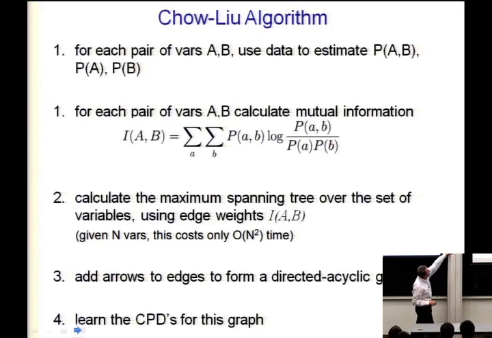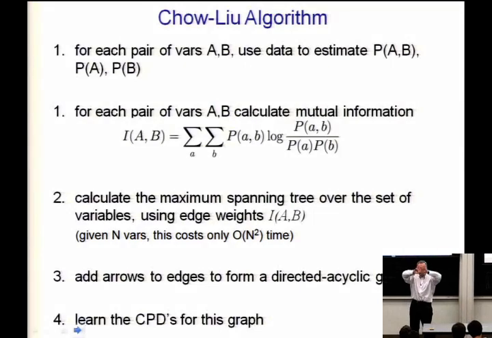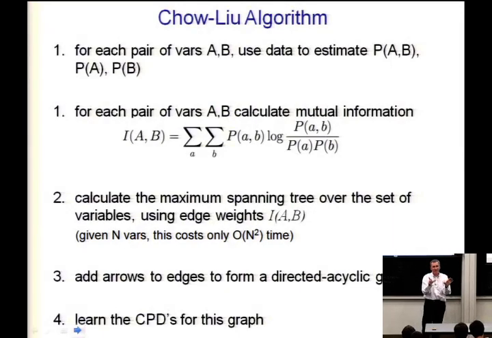In step three, we calculate the maximum spanning tree over that graph. So when you're done with step two, you have a fully connected graph between all the nodes. Now we just want to find a maximum spanning tree. Maximum spanning tree means a tree that's embedded in that full graph that maximizes the edge weights.